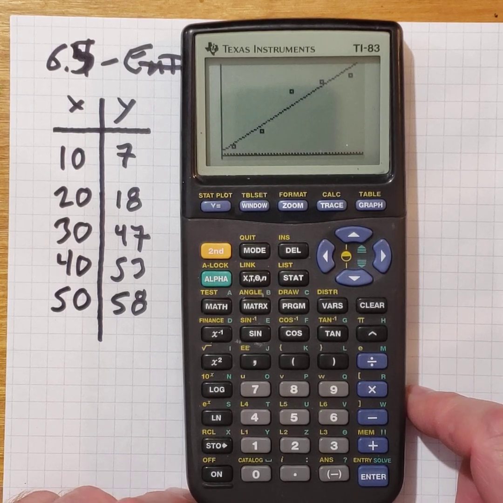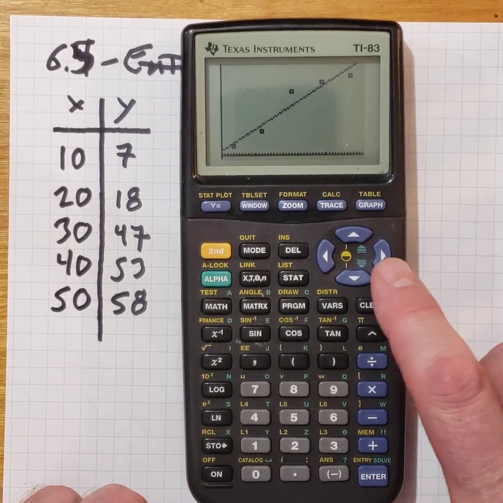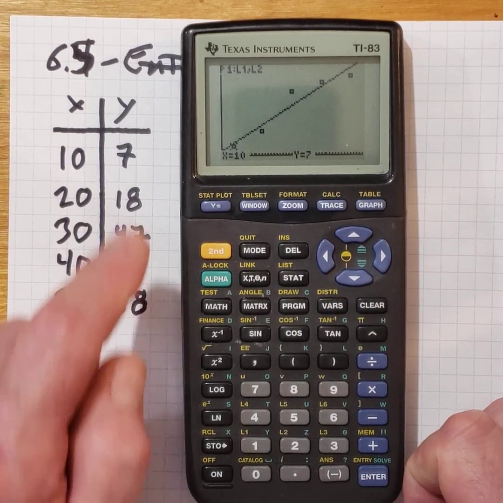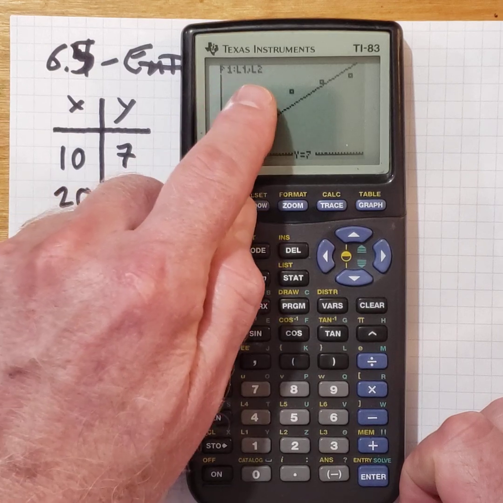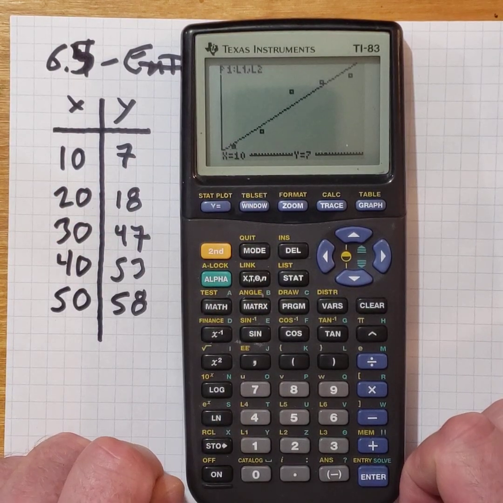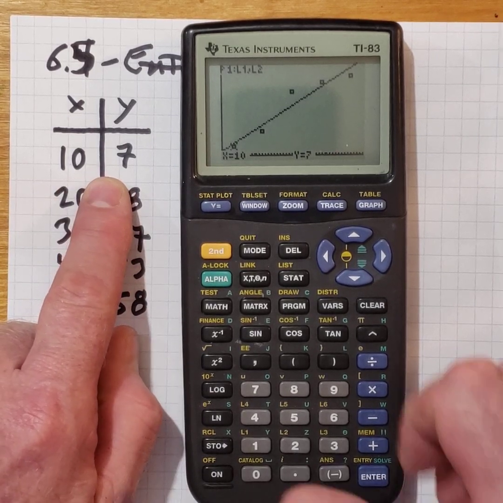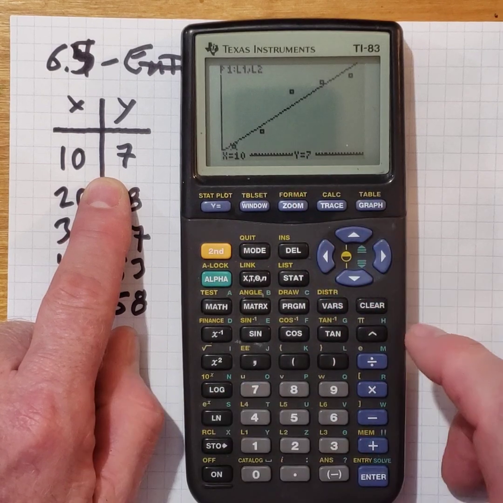All right, now what can we do with this line? Let's take a look at trace. We go to trace, and notice up here it says P1 L1, L2. And that means that it is on the point that represents our first pair of numbers in list 1 and list 2, which you can see here are 10 and 7.